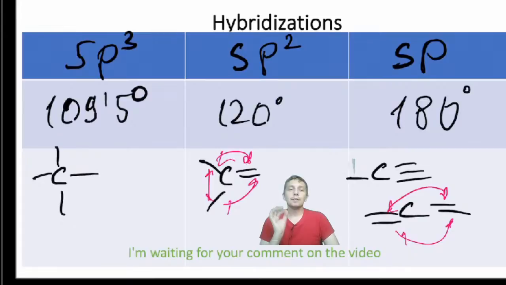But 109 and a half, it's because we have 3-dimensional space. And in 3-dimensional space, the maximum possible angle is 109 and a half, like here.